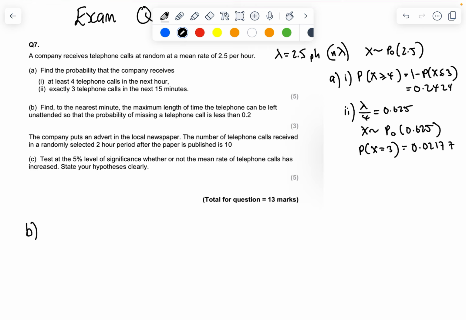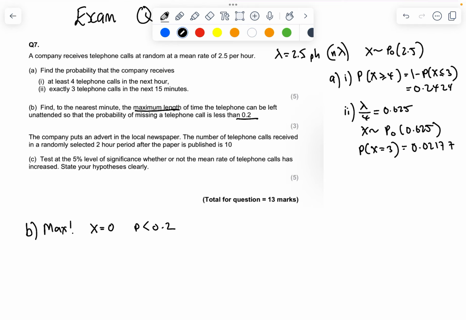Okay, now B. Right, find to the nearest minute the maximum length the telephone can be left unattended, so the probability of missing a call is less than 0.2. Right, so we're looking for the max, and the number of telephone calls is going to be equal to 0, no calls. And we want the probability to be less than 0.2.